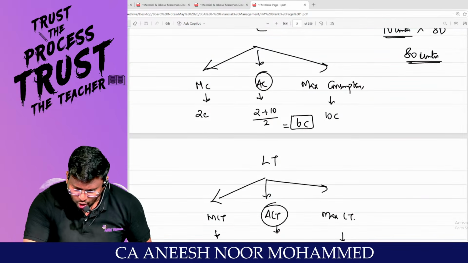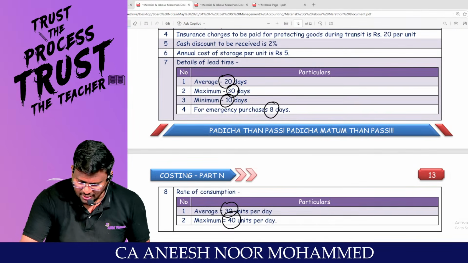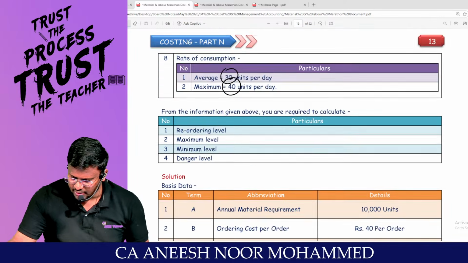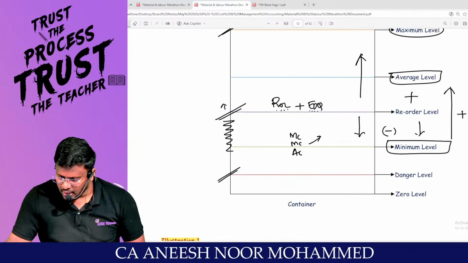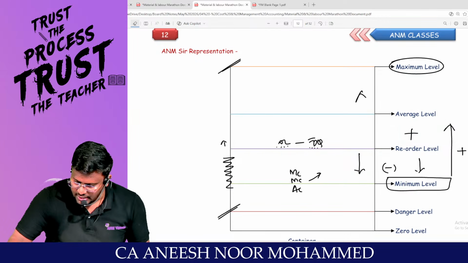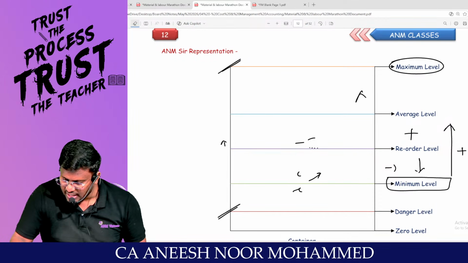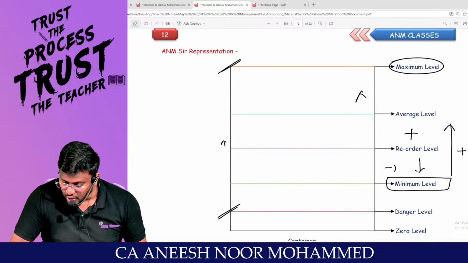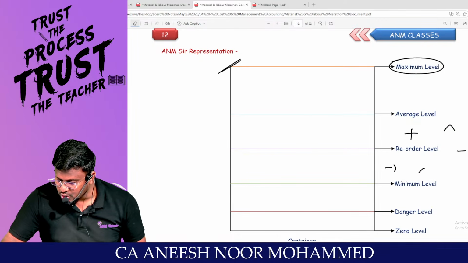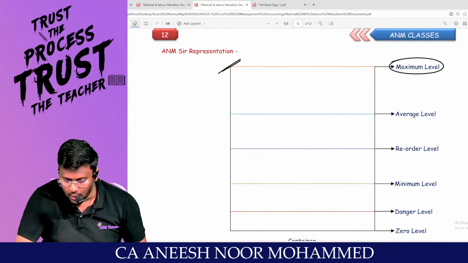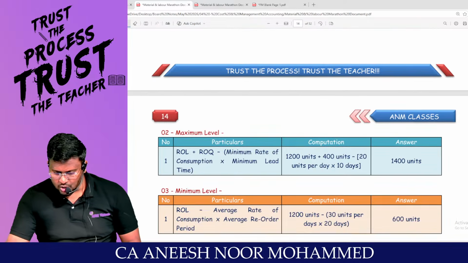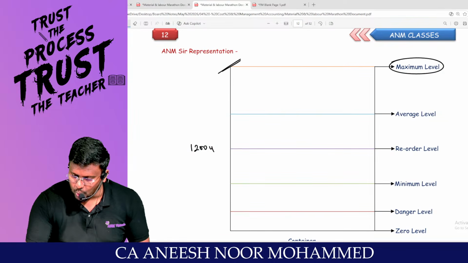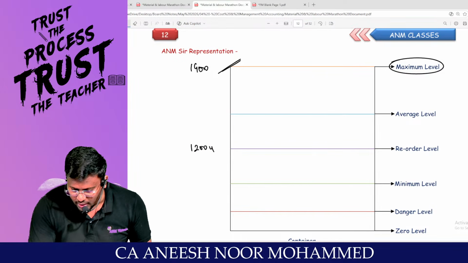If you plot all these in a chart, let it be for our time saving, let me take it here itself with this answer. Look at the reorder level here. Your reorder level is coming to 1,200 units. In the examination, you can check because 6 levels of stock are there. 1,200 units is the reorder level. The next one, you found maximum level, 1,400. Sir, it should be more than 1,200.